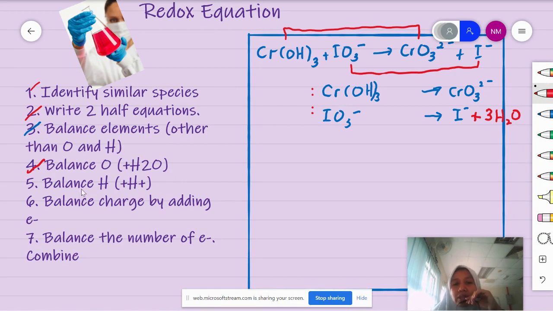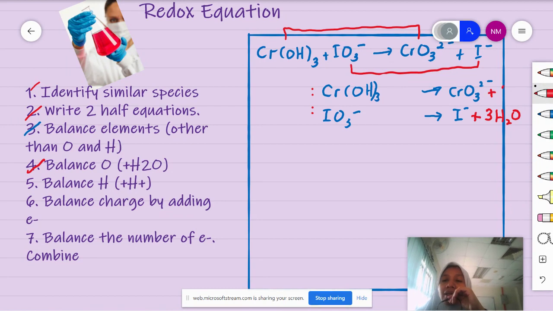Okay, let's proceed with step 5. Balance hydrogen by adding H plus. Refer to the first one here. Refer to my pointer. How many hydrogen do we have here? 3. How many do we have on the other side? 0. So we need to add hydrogen here.